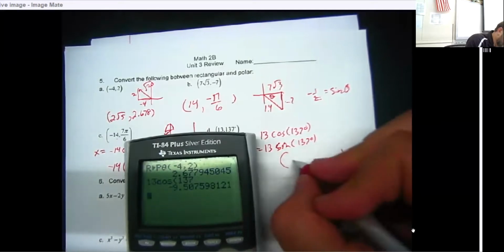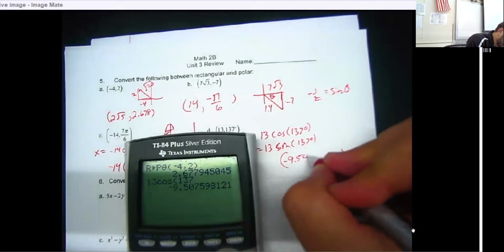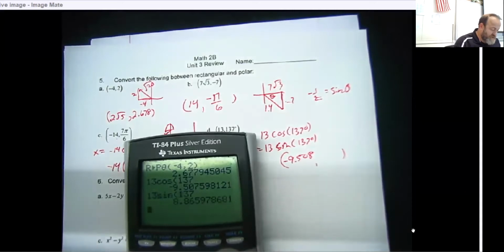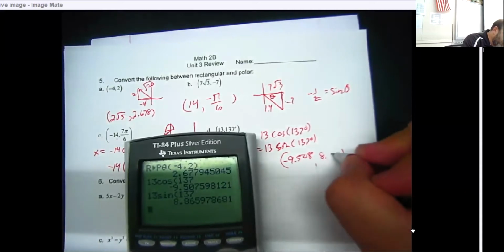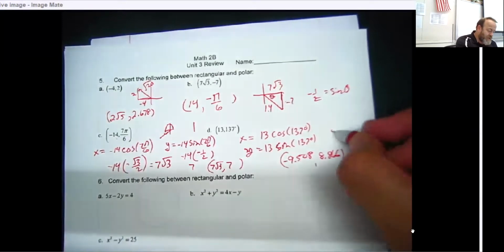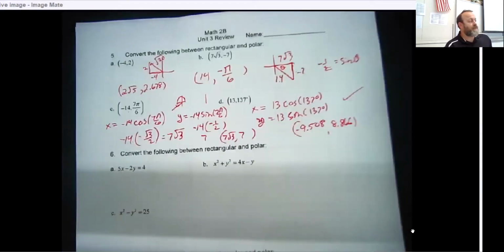My x value is -9.508, and my y value, with the sine instead, is 8.866. And so I just get to use my calculator on that problem because there's nothing more that I can do.